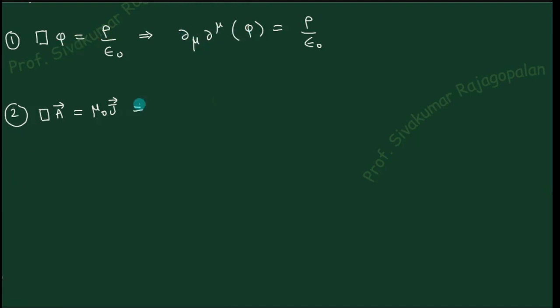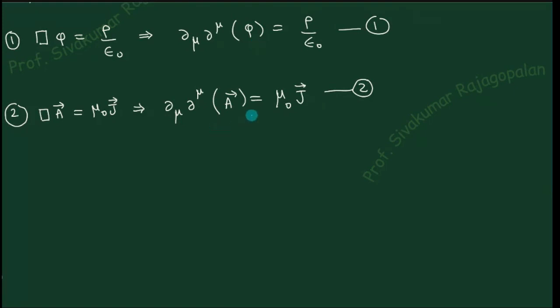Similarly, when you write this expression, it looks like ∂μ∂μ operating on the A vector is equal to mu naught times the J vector. Now the interesting point is that you have equation number 1 here and equation number 2 here. We are going to merge these two. Combining means we are going to merge both of them and write them as a single equation.